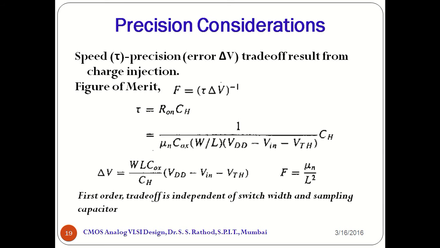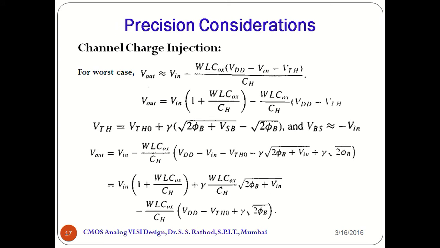Thus, it is constructive to consider the speed precision trade-off resulting from the charge injection. Now, if you observe the earlier equation for precision, if you reduce the capacitance value, that is CH, then the output voltage error will increase.